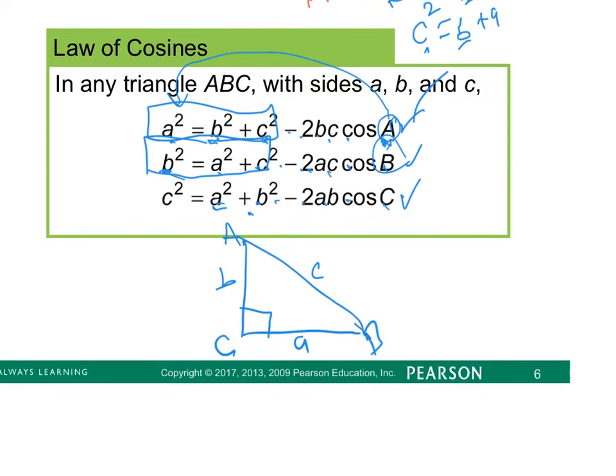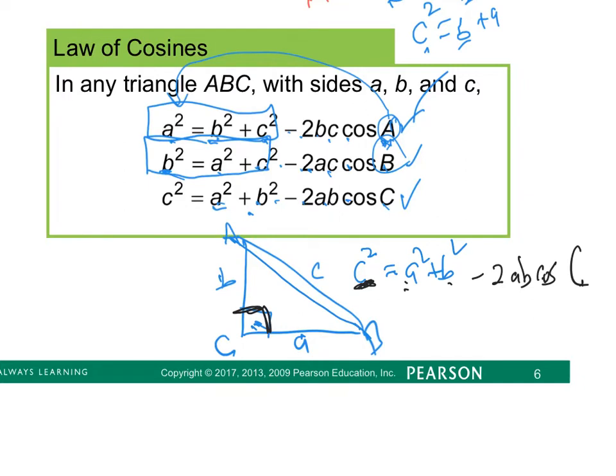If I'm looking for C, and it's across from the 90, C squared will have to be equal to A squared plus B squared, just like in Pythagorean theorem, but we're going to add one more little thing. Minus 2AB, because that's what I have here, cosine of what angle? The angle that goes with side C, C.